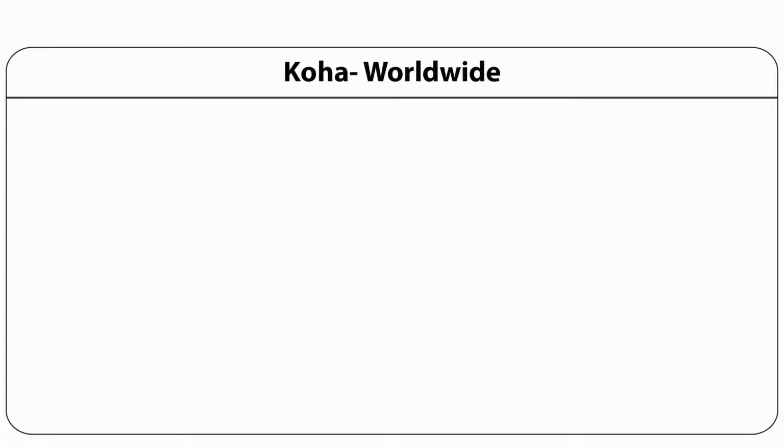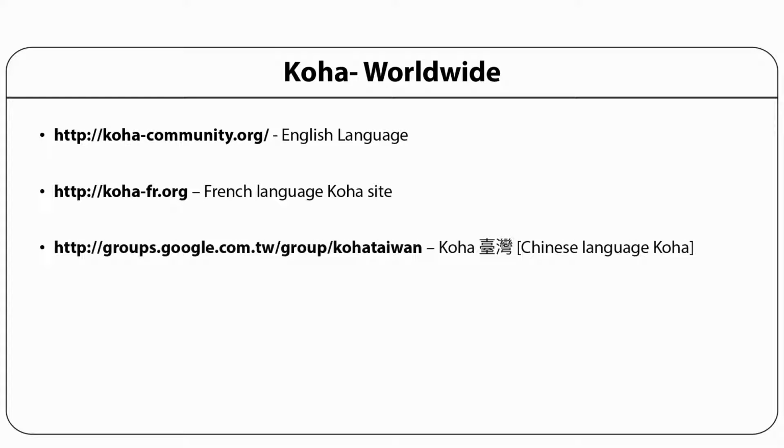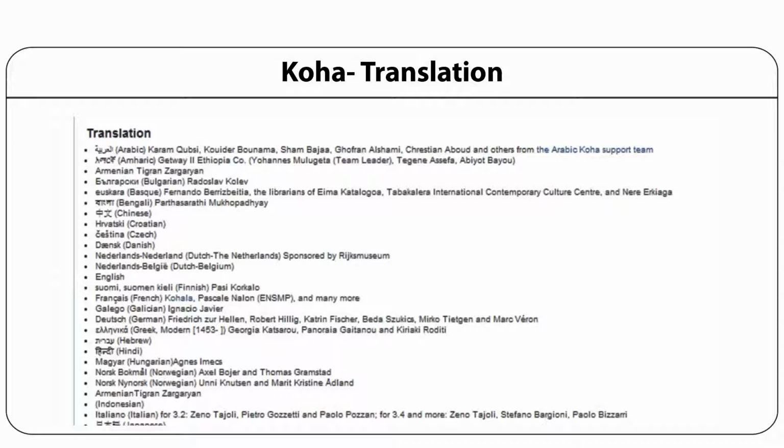The screen shows the major websites of Koha in different languages like English, French, Chinese, Italian, and Spanish. The screen shows some of the 47 languages in which translations of Koha are available.